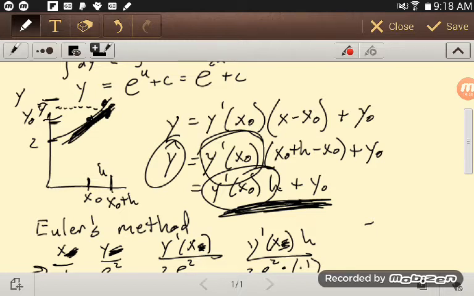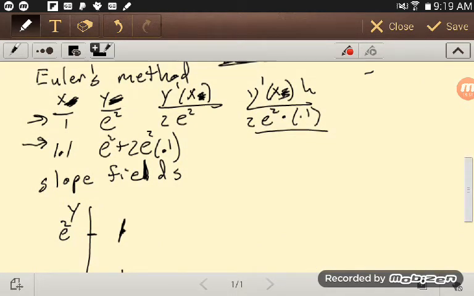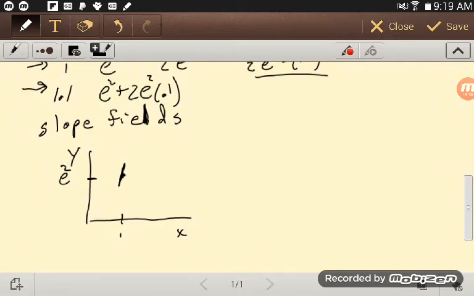If that's a 1, and that's an e to the 2, sorry, e to the 2, there, that is a 2. So that point and that big long tangent line, all I've done here is make a shorter tangent line, and I can do that at every single point I want.